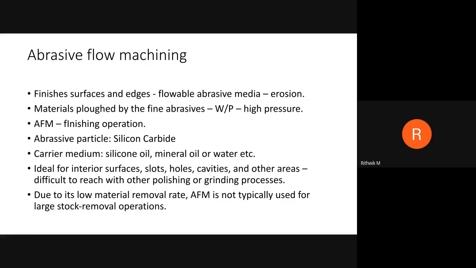And here you can see this is abrasive flow machining. We have abrasive particles which are mixed with the carrier medium. So what abrasive particles are used, and what carrier medium is used in this machining operation? Regarding the abrasive particle, we use silicon carbide, which is mixed in a carrier medium.